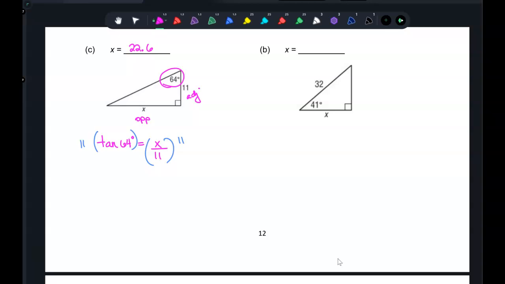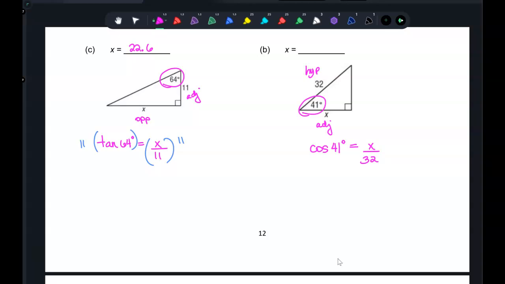Okay, last one. It would be adjacent over hypotenuse, so this one has to be cosine. 41 degrees. Wait, how did you get cos? Because it's adjacent. Look at the two sides we're working with. Look, it can't be sine, because with sine you would have to be working with the opposite.